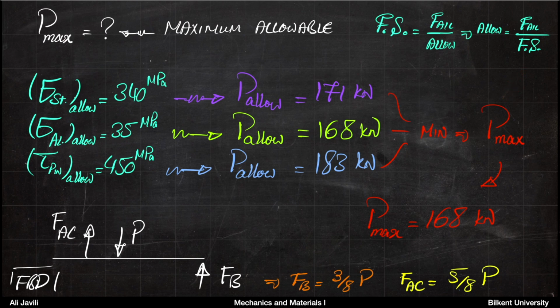And as you can see, that would be 168 kilonewton. And if you remember, that is the value that we got from the aluminum support here. So if you want, you can imagine that this is essentially the most vulnerable part of the structure. So if you need to increase this value, you need to increase, for instance, the cross-sectional area of this support.